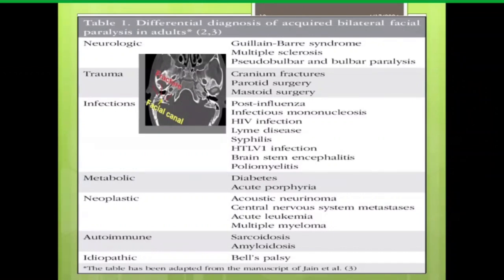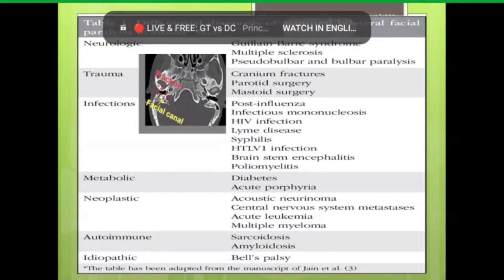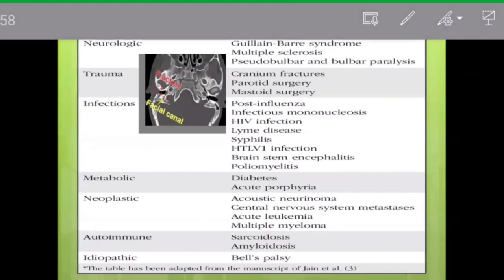A person who has met with a road traffic accident comes with facial paralysis; maybe it is a minor injury, but a head injury is there. In that condition, in the initial stage, you generally do not get an idea about this. Similarly, trauma, especially parotid surgeries: immediately after parotid surgery, because of the trauma to the facial nerve, there are chances of facial paralysis.